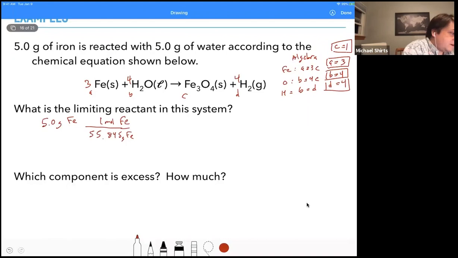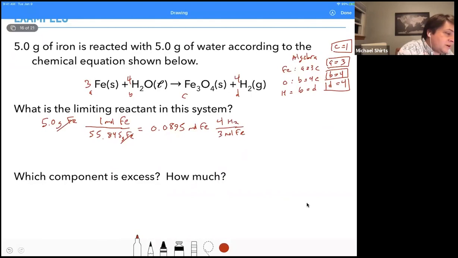And so grams of iron cancels out. We get 0.0895 mole of iron. And now we want to see how much we get of hydrogen. So each 3 moles of iron reacts to produce 4 moles of H2.